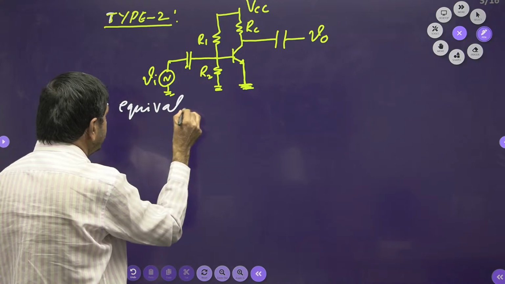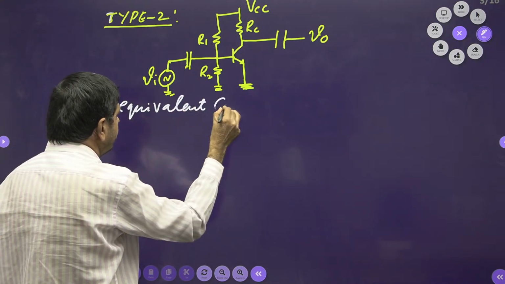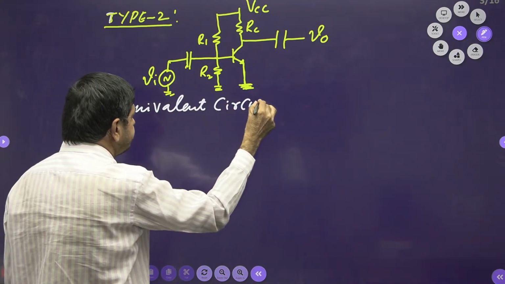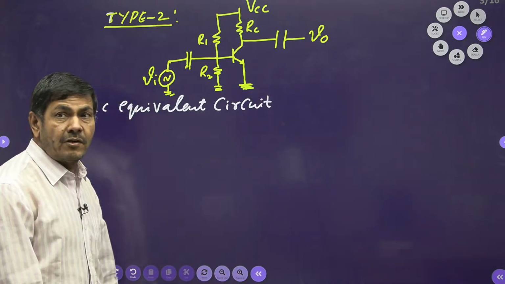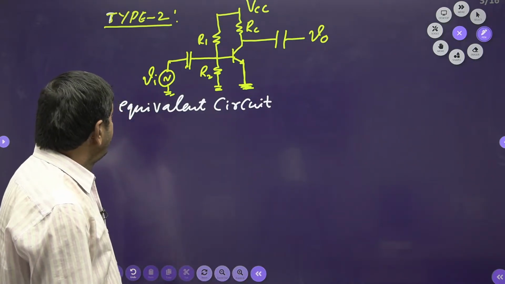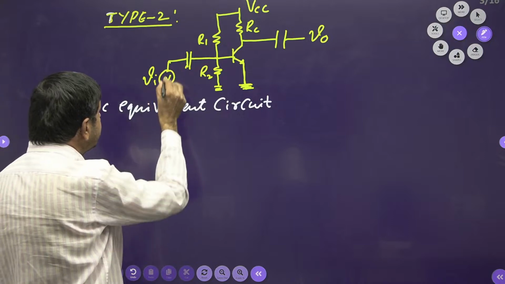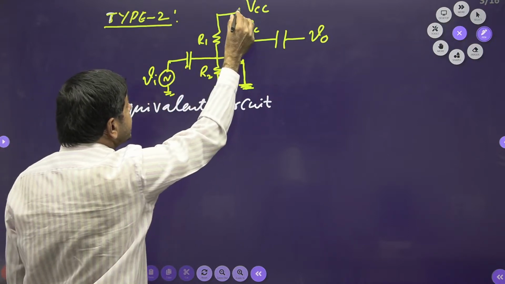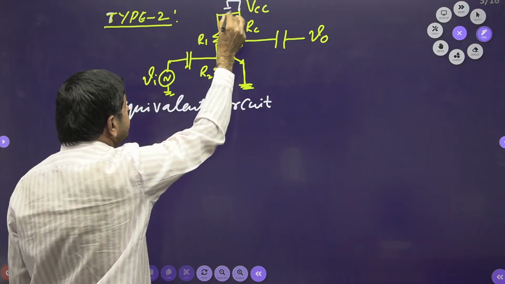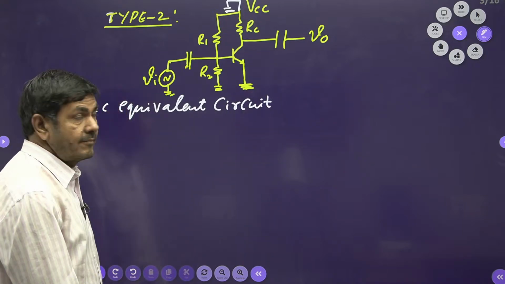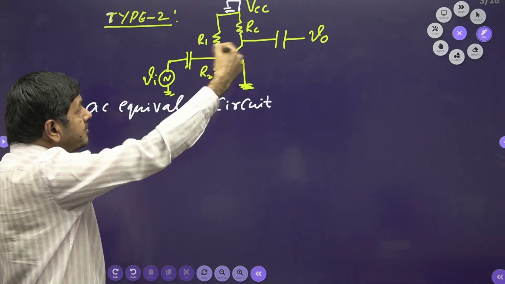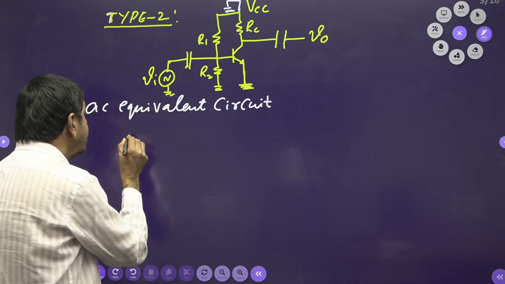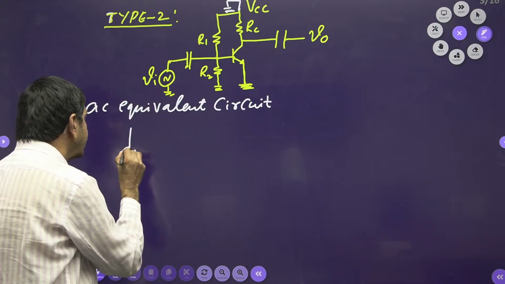AC equivalent circuit is required. How can we draw this network? If the input is the AC supply, wherever the DC supply is given, that must be shorted, I said. You can short. Wherever a capacitor is given, that must be shorted. The AC input is to be taken at this point, connected to the AC supply.